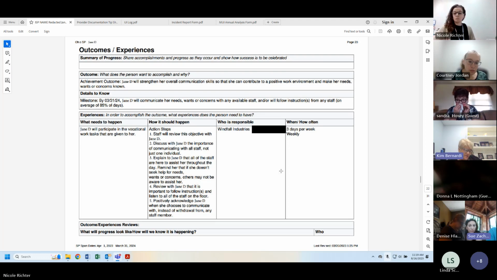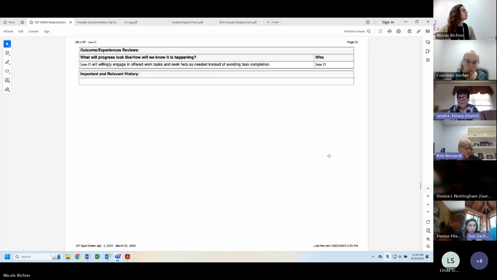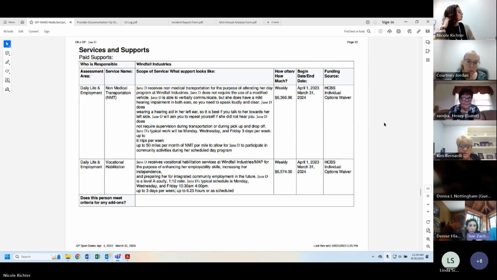Nicole, next page I need you is 22. Okay, this is your service and support lines. This is what was in the other ISPs. It was like on the second page, third page of the ISP.